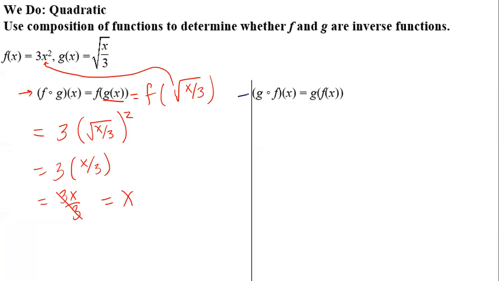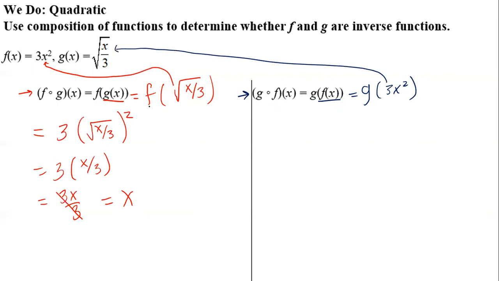And then here we do it again. But this time you're doing g of f. So you're substituting in f of x. So you have g composed at 3x squared. So I'm taking this, plugging it in here. So that gives me the square root of 3x squared divided by 3.